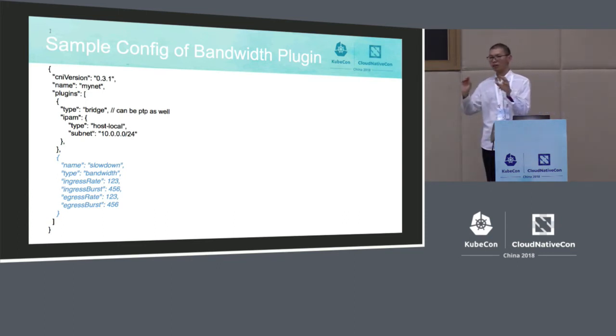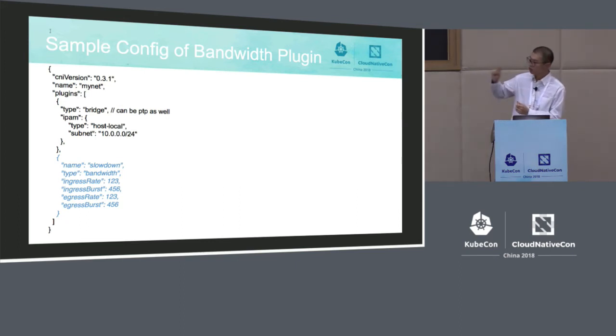And we have the type here, which is the bridge network. The IP address assignment is from the host local to start.